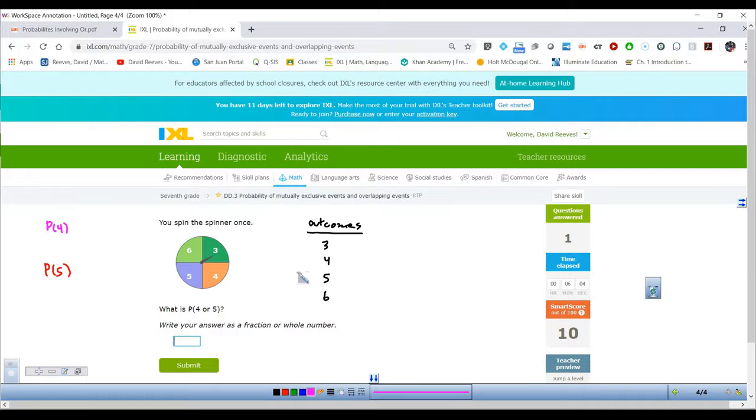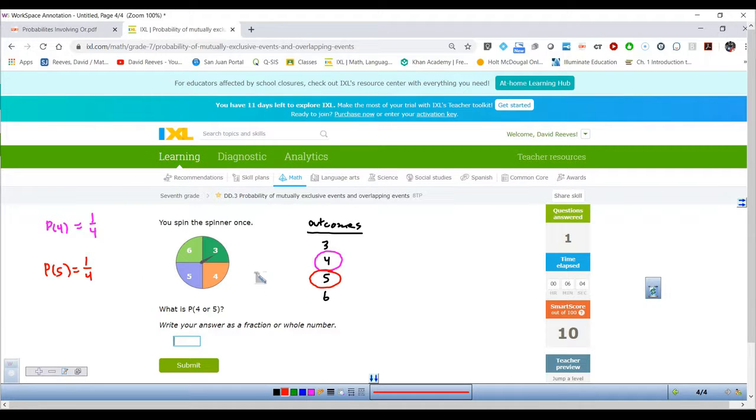Well, if we take a look, the probability of a 4, there's a 4. How many 4s are there? 1 4. Out of how many total outcomes are there? 4. All right, what is the probability of a 5? There is 1 5. Out of how many total outcomes are there? 4.